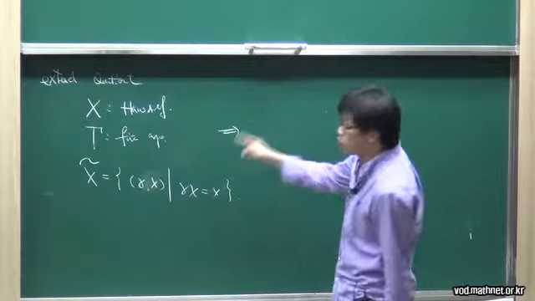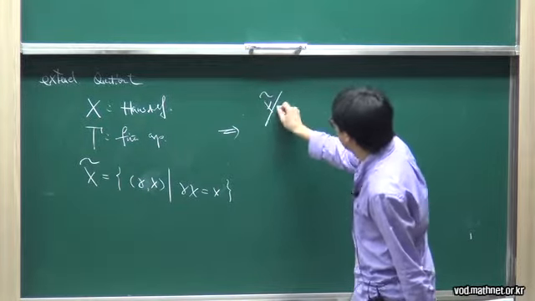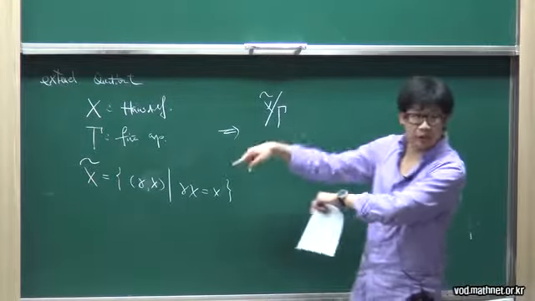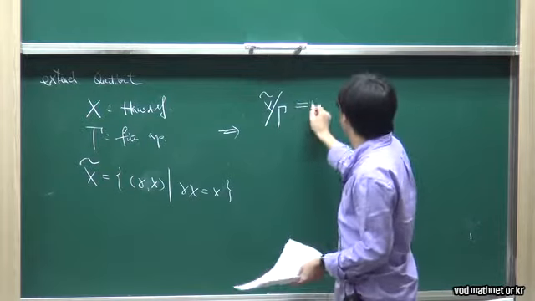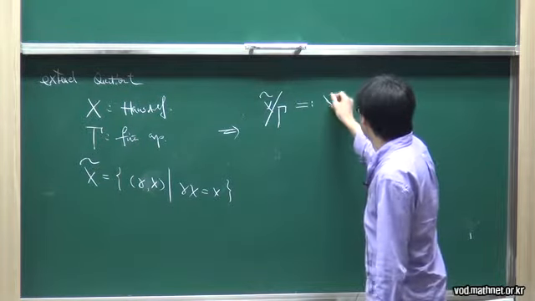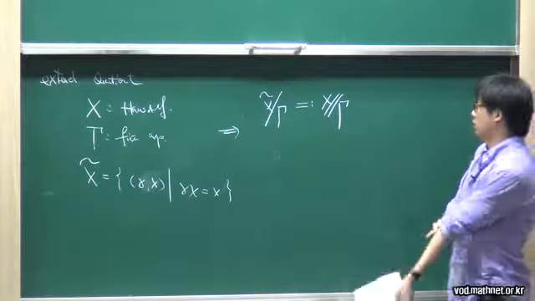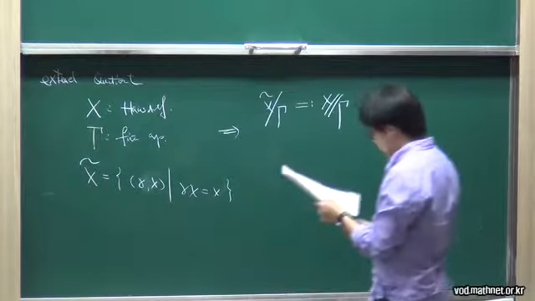We take the quotient one more time on this object once again. I mean, we take the group action of gamma on X tilde, and then we divide in this way. The double slash is what we call the extended quotient.